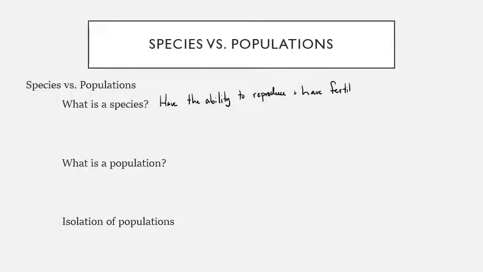That works in many cases, but this definition is problematic. Having fertile offspring and being able to reproduce, you're assuming that they are sexually reproducing. Of course, many organisms don't sexually reproduce. So there are lots of gaps in this definition.